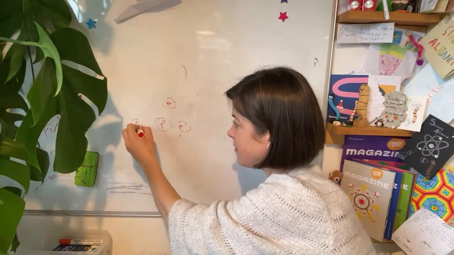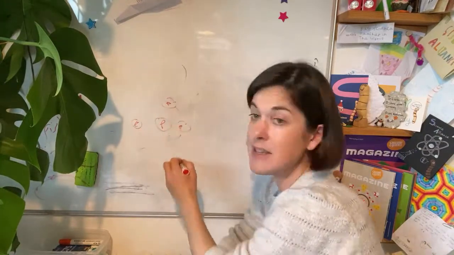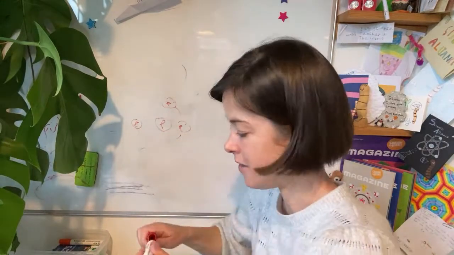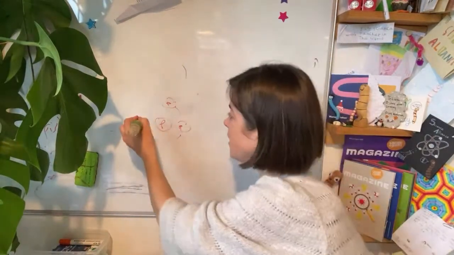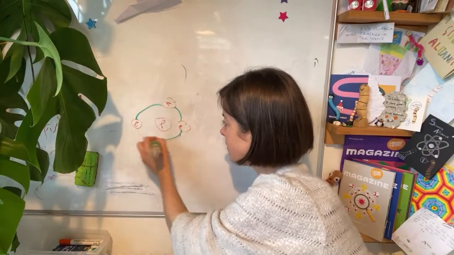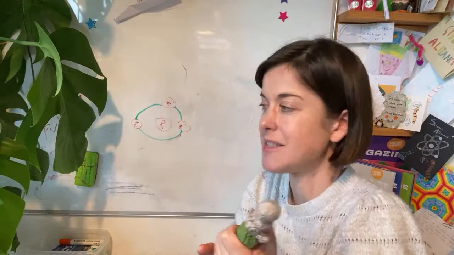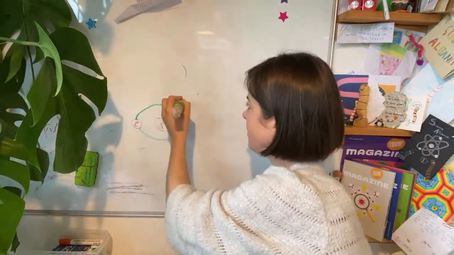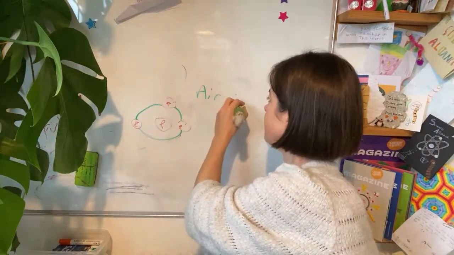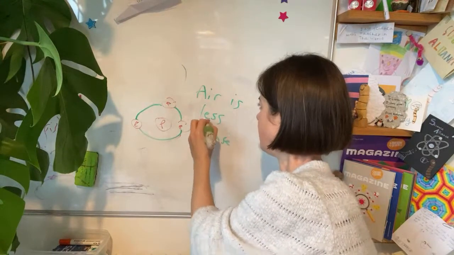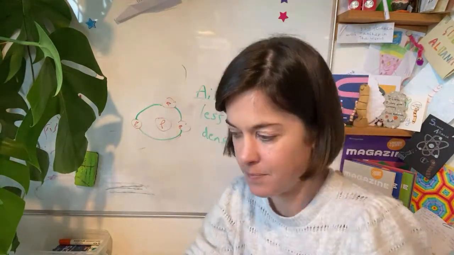That particle, or atom, is definitely not getting less dense or more dense. Sorry, you can't really see that, can you? But yeah, the atoms are staying the same. They're not squidging, their particles aren't getting closer together or further apart. It's the air that's getting less dense. The air is less dense, not the individual particles of air, which is what I've made it sound like there.